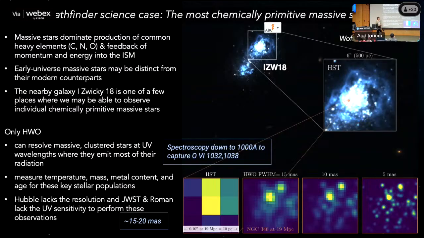In order to understand star formation, the high redshift universe, the seeding of metals that give rise to life, we need to be able to resolve those stars and do UV spectroscopy at this distance in this galaxy, because that is what nature has given us. This is the bind that we're in. And this is an amazing science case led by Peters and Chia, perhaps some other people in this audience.